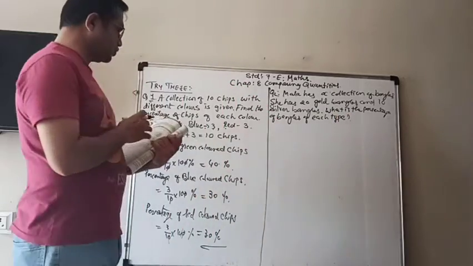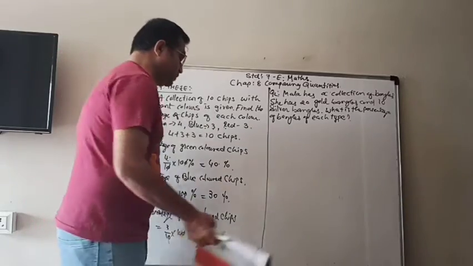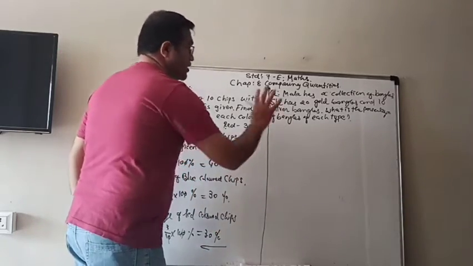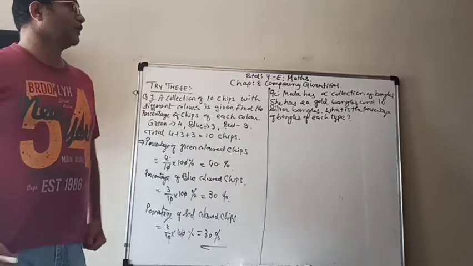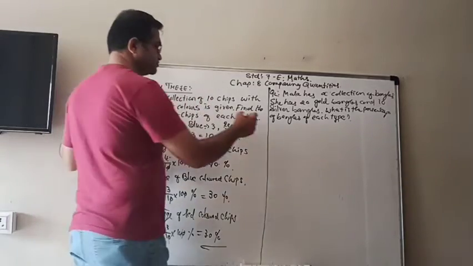Now they also asked to put it in tabular form. We are not going to put it in tabular form. We will just find the percentage of both gold bangles and silver bangles.